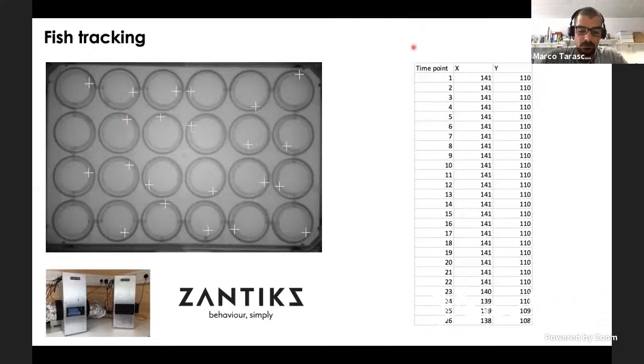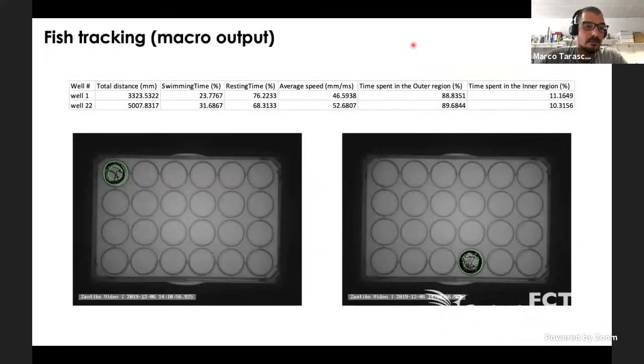And we wanted to get more interesting data from this tracking. So we did this macro that first will show us the movement of the fish in each well. And from each fish, based on their coordinates, we can extract the total distance swum, the percentage of swimming time, resting time, average speed, and other parameters.